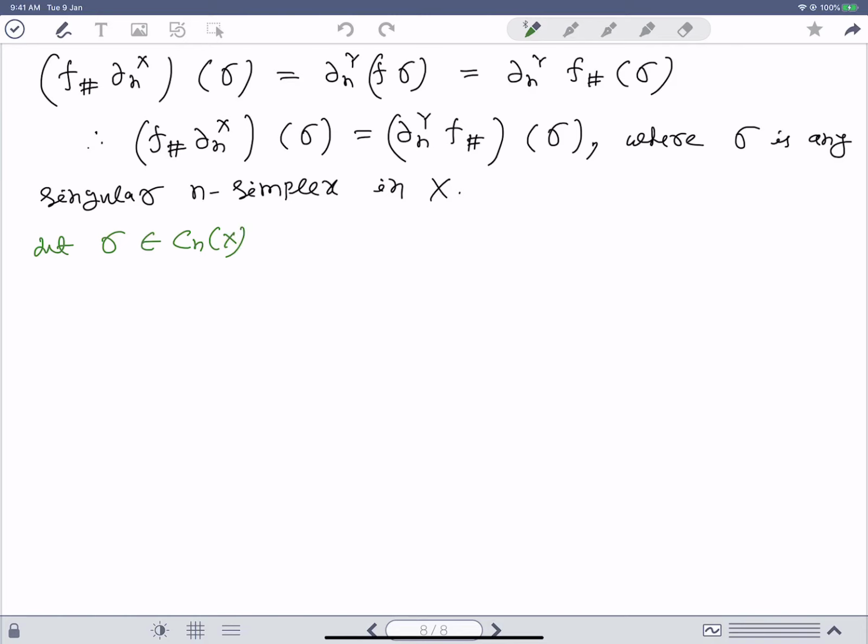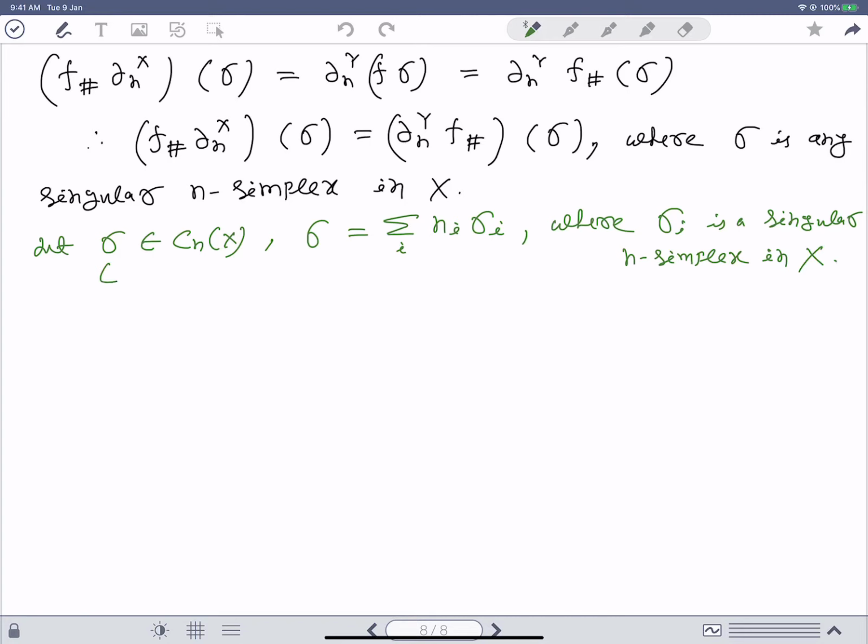Now since sigma is an arbitrary element in Cn x, sigma can be written as a finite sum of ni sigma i, where each sigma i is a singular n simplex in x, and this is a singular n chain in x.